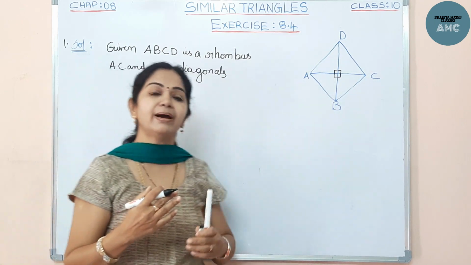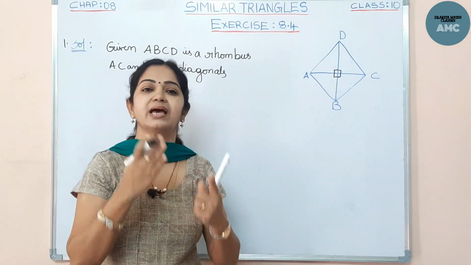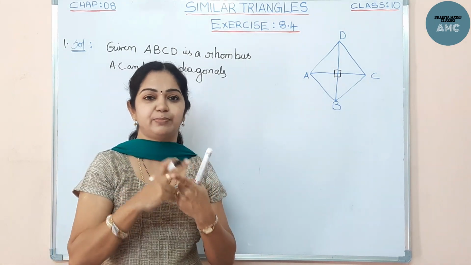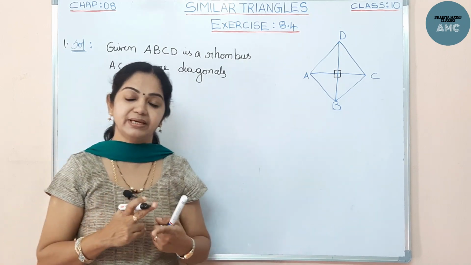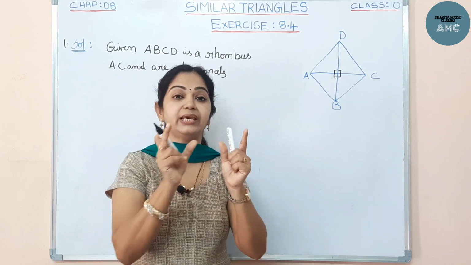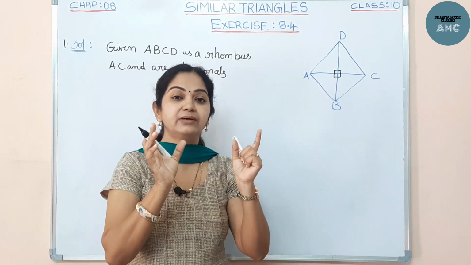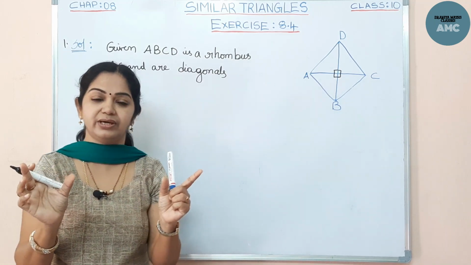Now, what do you mean by bisect? We know what intersect is. Intersect means 2 lines meeting at a point. What's the difference between bisect and intersect? Bisect means dividing the line into equal parts. Bi means 2, secting means cutting.